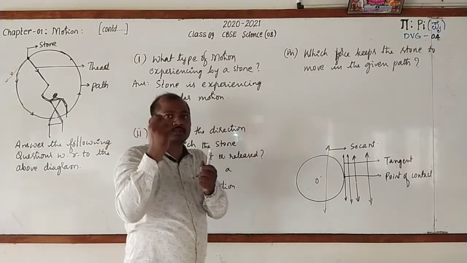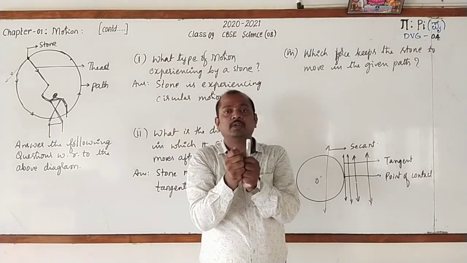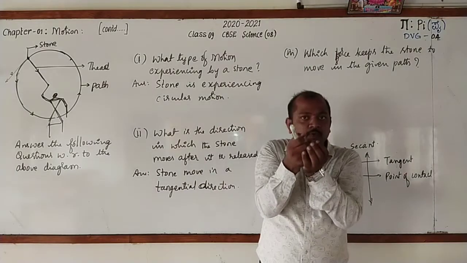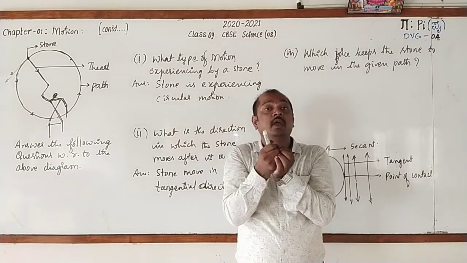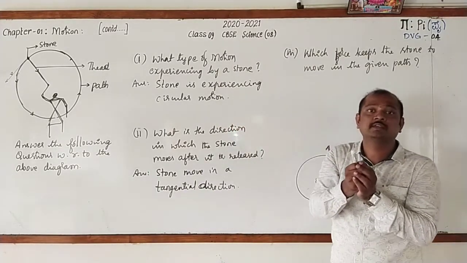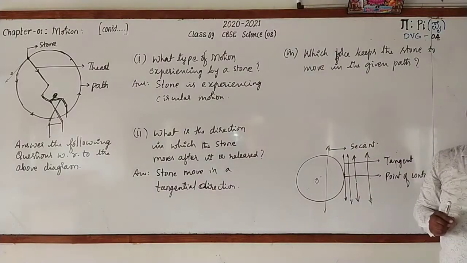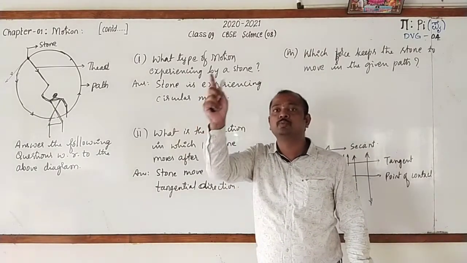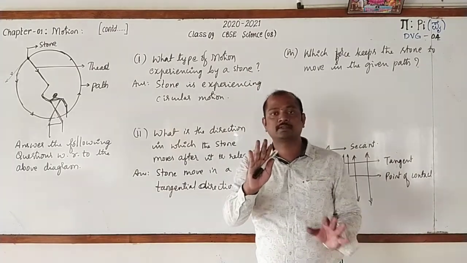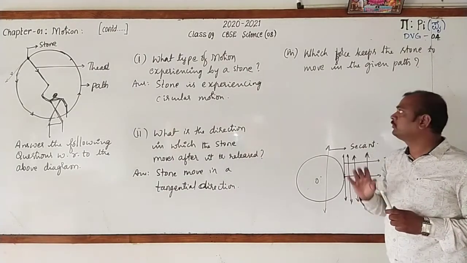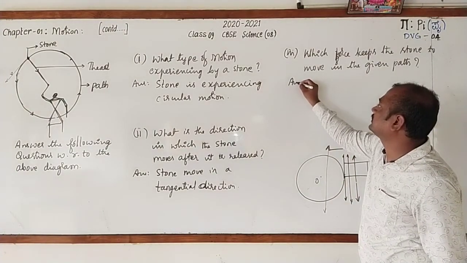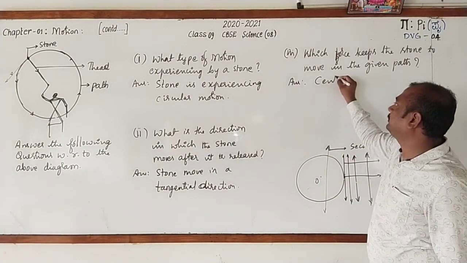When you are whirling the stone with a thread, holding the thread at the other end, you will experience a force towards you, and we call that force centripetal force. The force which keeps the object moving in a circular path is called centripetal force. Got it? Here we can write the answer as centripetal force.